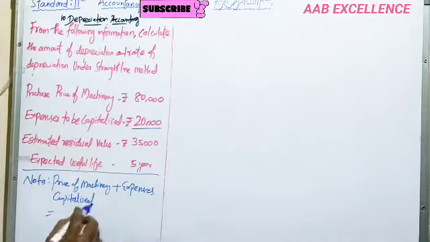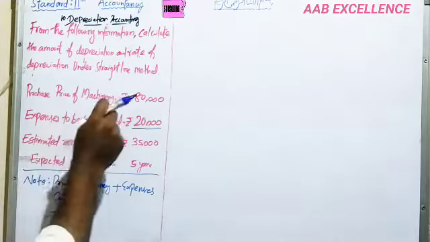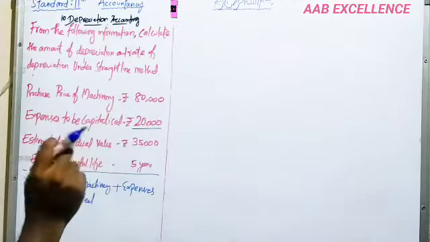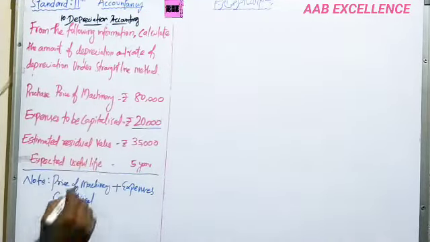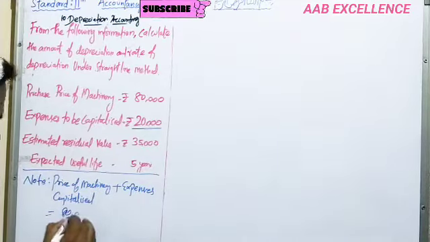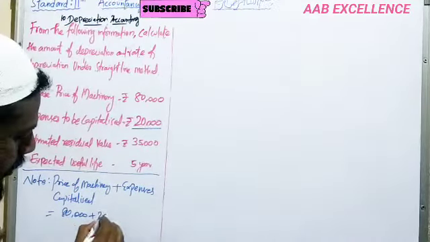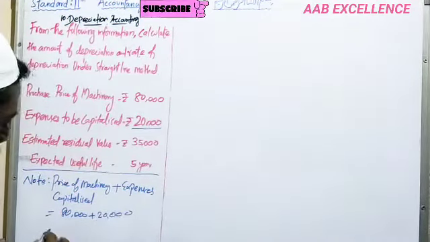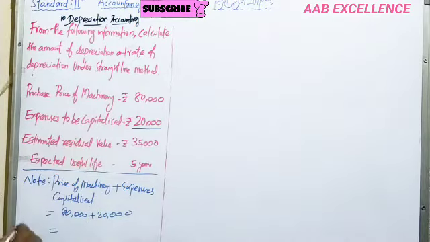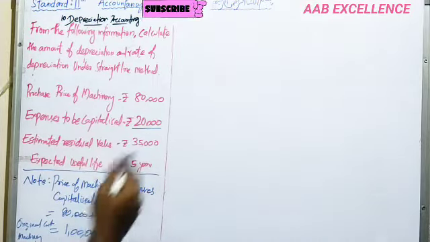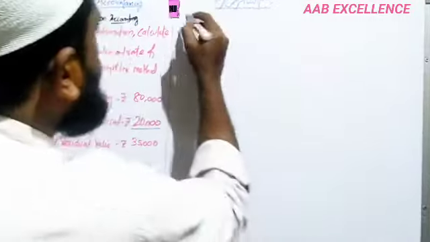We have to add them, so that we get the original cost of assets. 80,000 plus 20,000 is the original cost of machinery. We find the original cost of assets is 1 lakh rupees. Okay students, then we go into the solution.